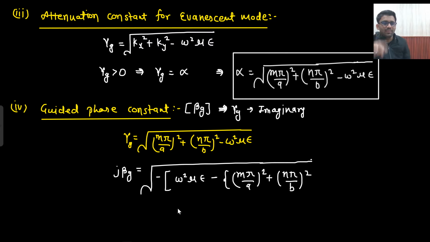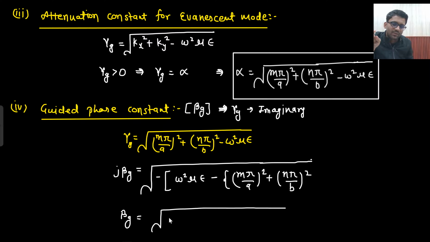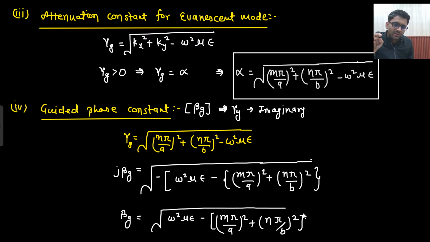And this minus can come outward as j. So from here, what is the value of beta g you are getting? Beta g you are getting as under root omega square mu epsilon minus (m pi by a) whole square plus, here this bracket should be closed, (n pi by b) whole square. This is the value of beta g you are getting.